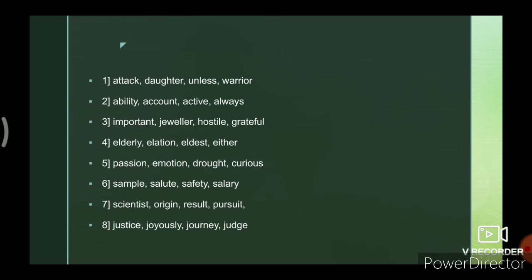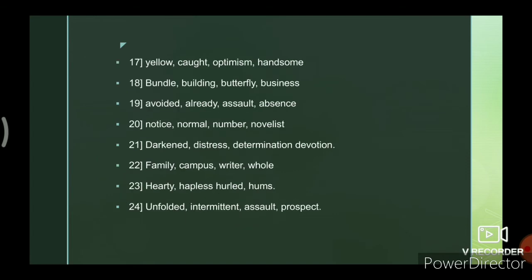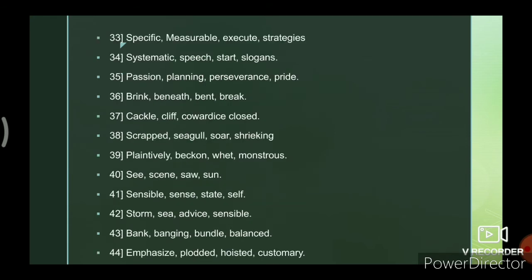G, H, second hostile. I, important third, and jeweler fourth. In this way you make the alphabetical order correct. Here are some examples given. Just pause the video and solve all these examples, and these examples are taken from your textbook.